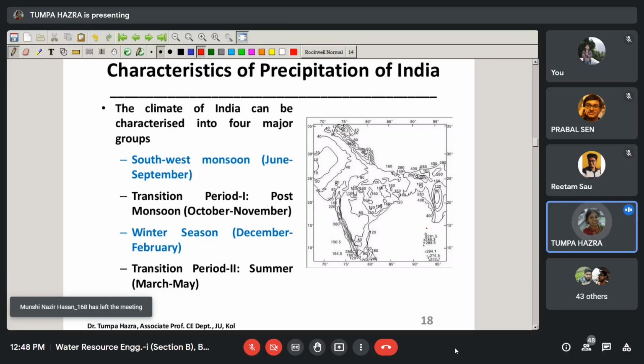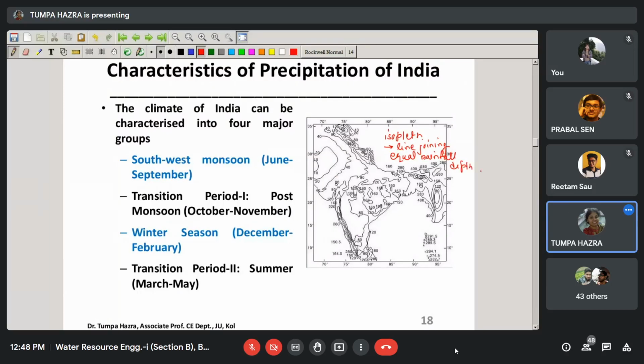Now, this picture basically shows you the isopleth. Isopleth means a line joining equal rainfall depth.